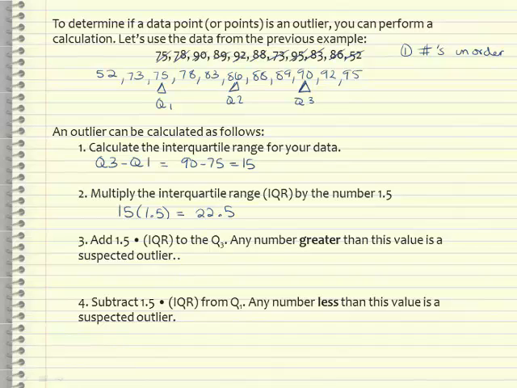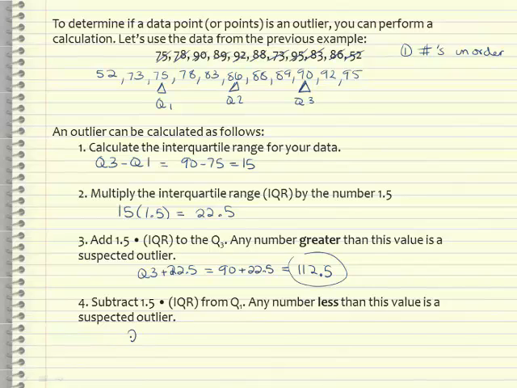If I take Q3 plus this number I got here, 22.5, that'll give me 90 plus 22.5, which is 112.5. Any number greater than this would be an outlier.